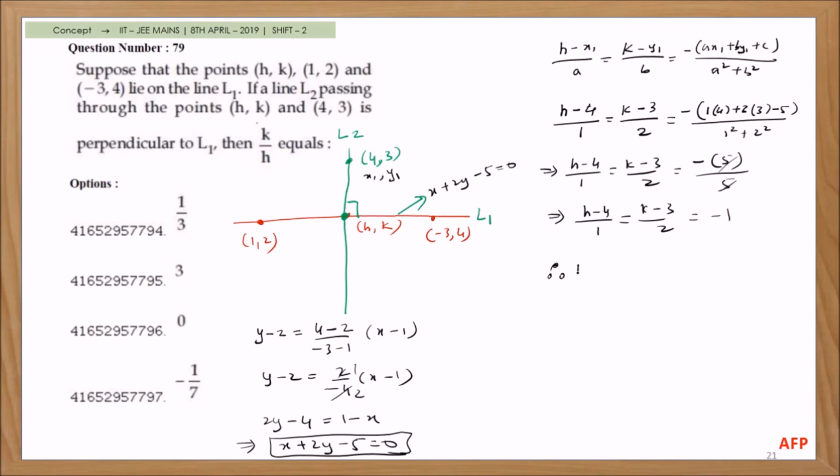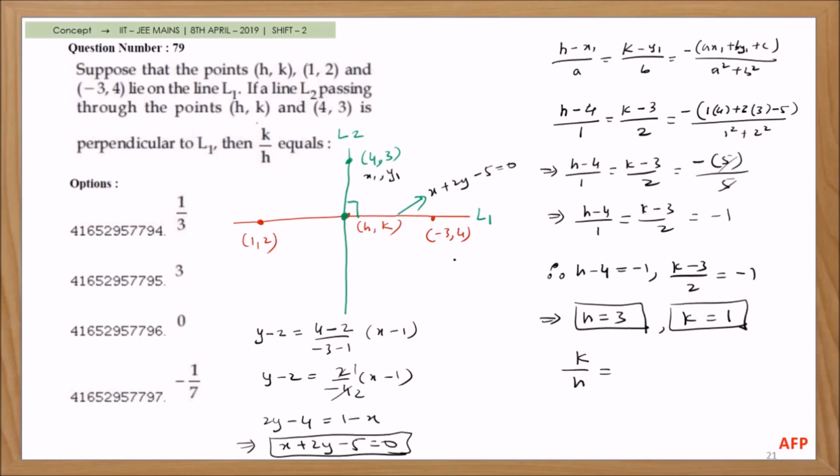So therefore h minus 4 is equal to minus 1, and (k minus 3) by 2 is equal to minus 1. So this implies h is equal to 3, first value we got, and k is equal to 1 we got. They told us to find k by h, so it is 1 by 3, the first option it follows.